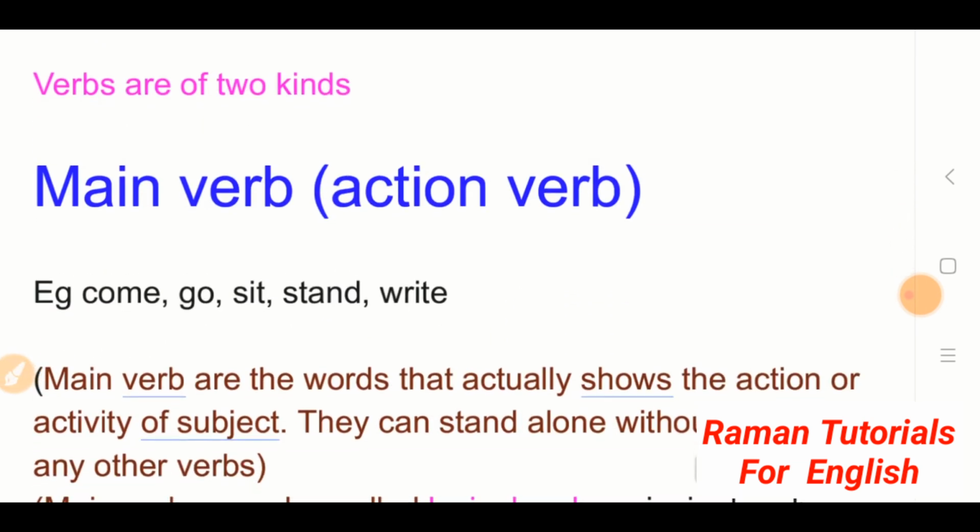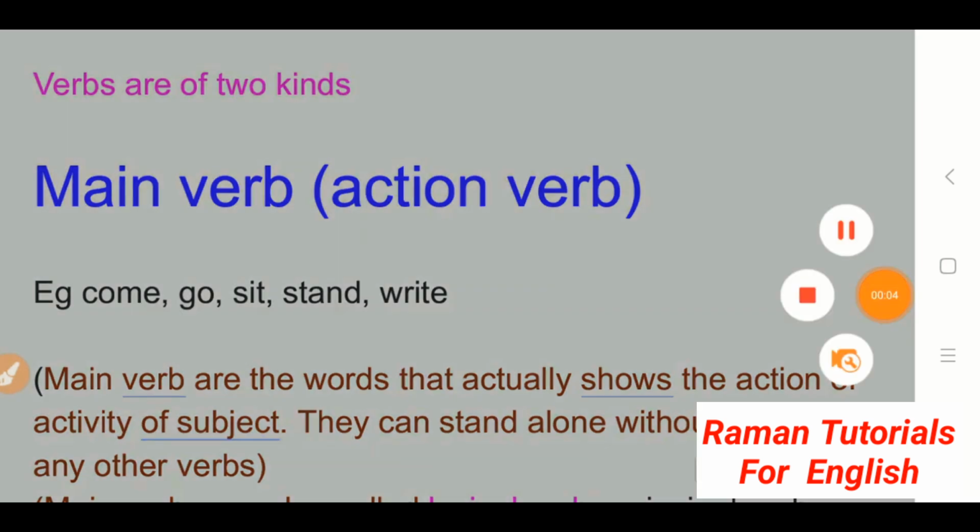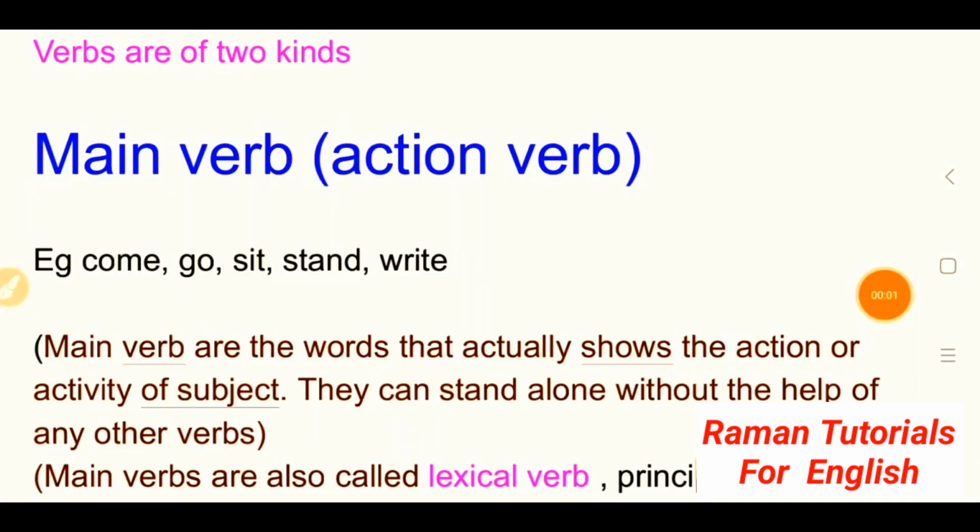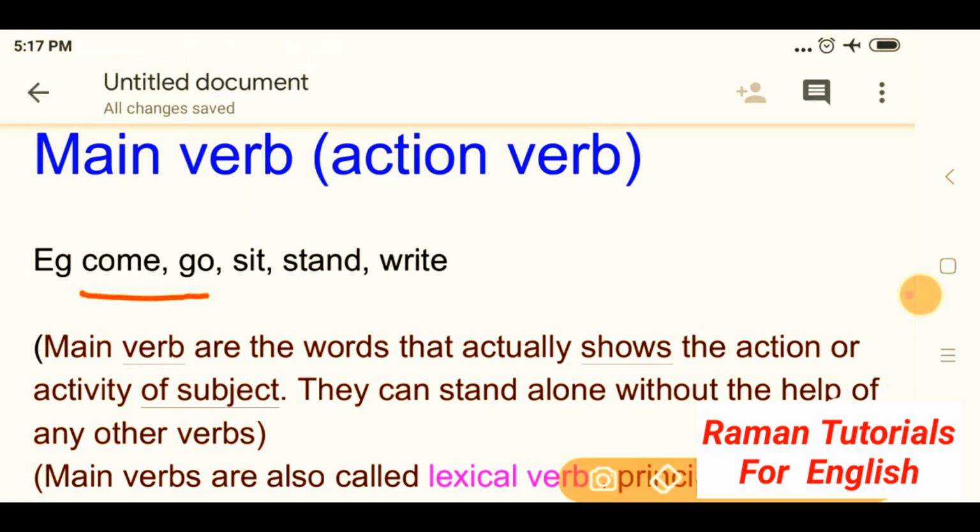Verbs are of two kinds, main verb and helping verb. Main verb is also called action verb. Examples: come, go, sit, stand, write. Main verbs are the words that actually show the action or activity of the subject.